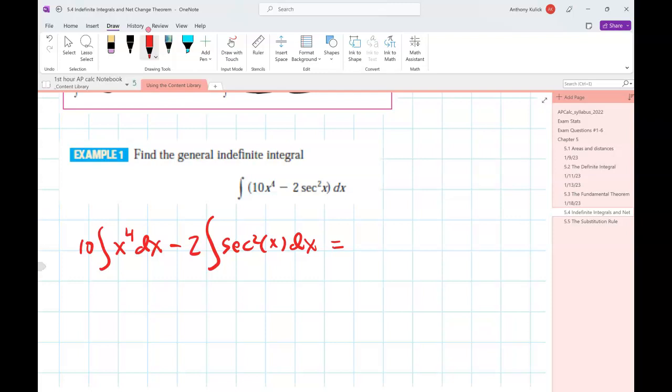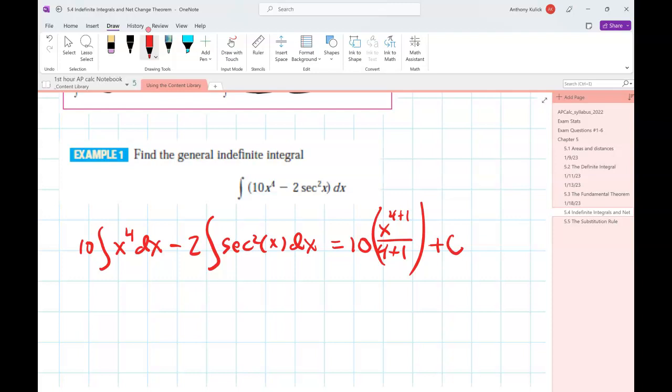Okay. The antiderivative for x to the 4th is x to the 5th over 5. I'll just write it that way so that you can see my work. And really, what should we have here?